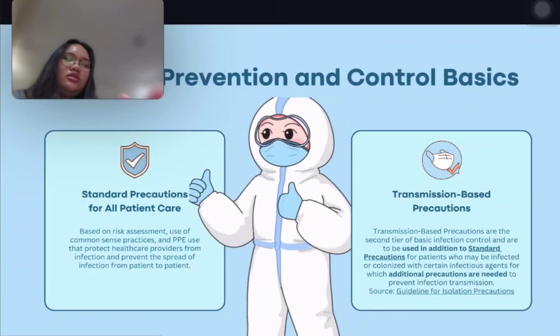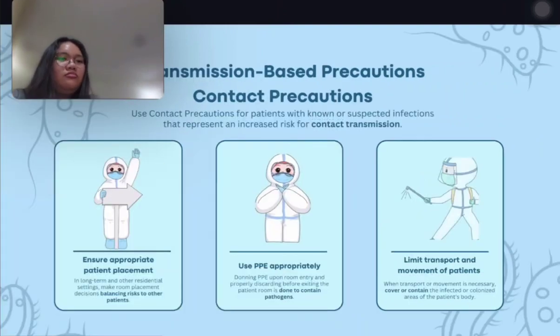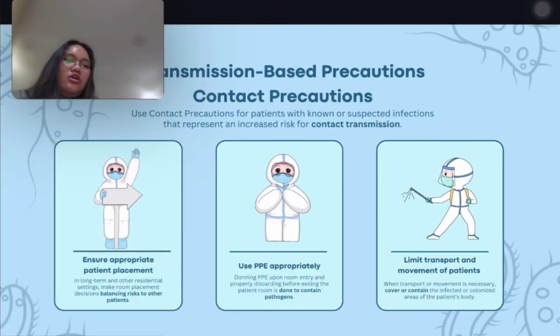And the next we have our IPC basics. We have transmission-based precautions. These are additional precautions used on top of the standard precautions. First of our transmission-based precautions, we have contact precautions. These are for infections that represent an increased risk for contact transmission.